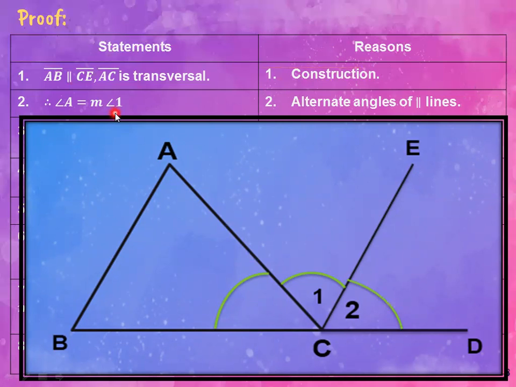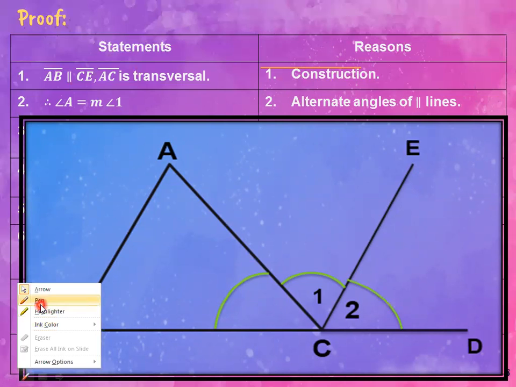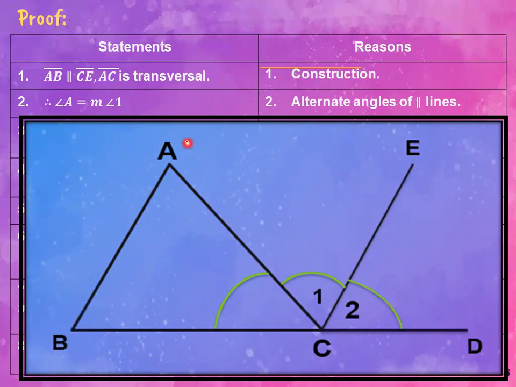Listen to me very carefully. Please keep the concept of parallel lines and intersecting lines in your mind. Now look at what you have. This is line AB, and AB is parallel to this line, which is CE. These two parallel lines are intersected by this line, which is called AC.